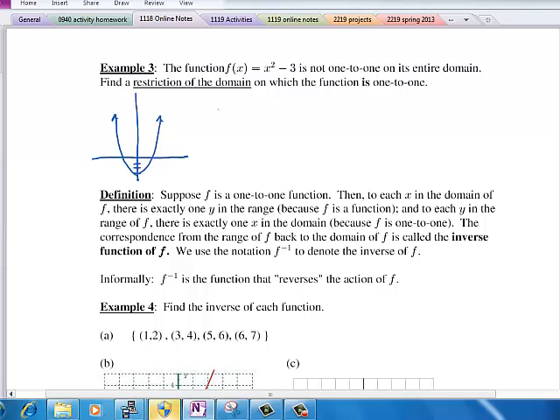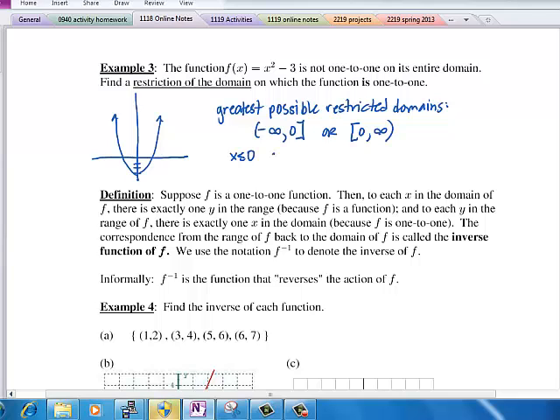So let's say our largest possible restricted domain would be either going from negative infinity to 0 for our x's, or from 0 to infinity. So either x less than or equal to 0 or x greater than or equal to 0.